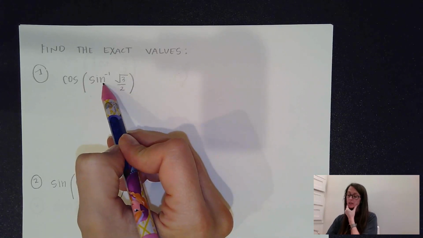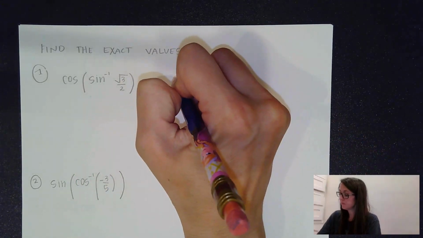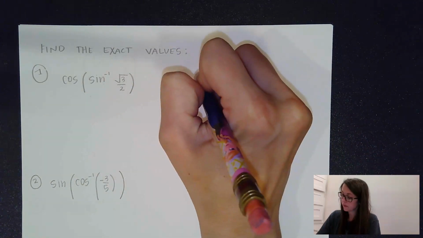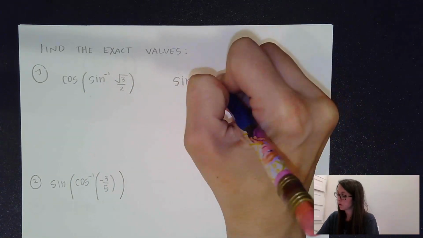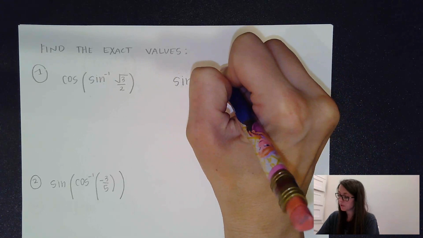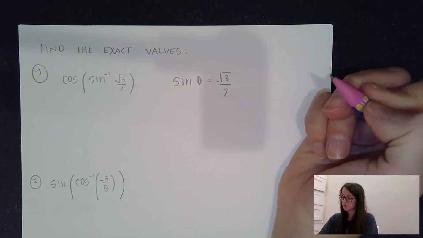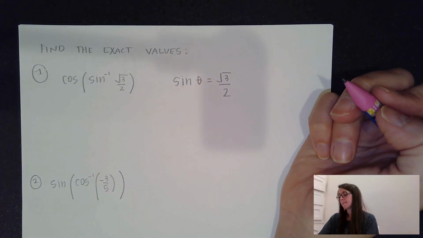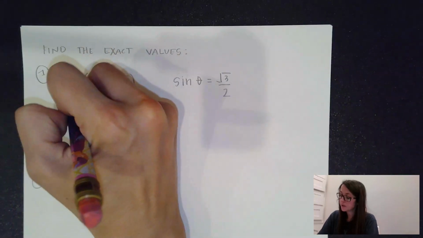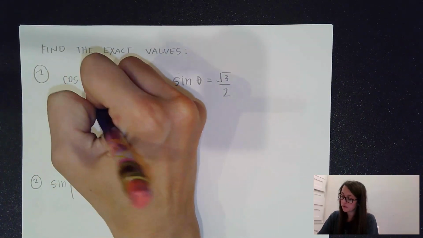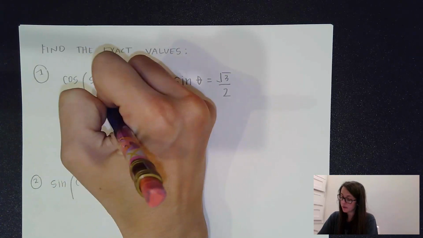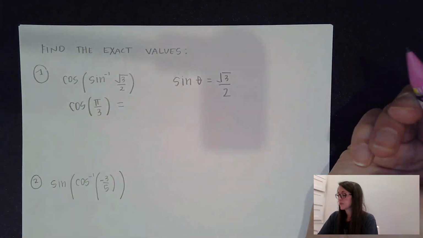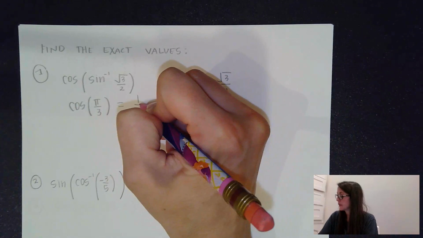So where is sine, at what angle is sine square root of 3 over 2? Pi over 3. So what is cosine of pi over 3? So cosine of pi over 3 is going to be 1/2.